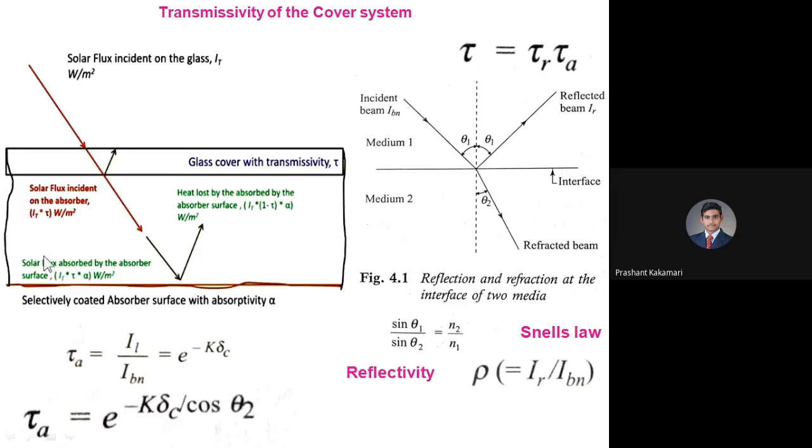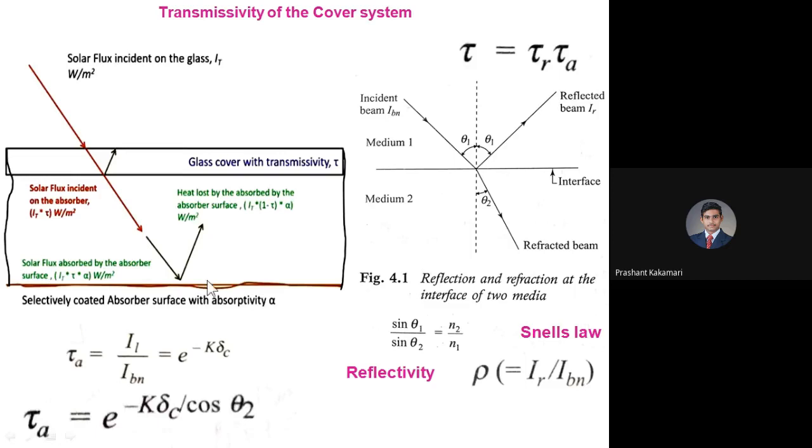For example, tau into alpha, if you multiply, it may be 0.8. So 0.8 means 80%. If you multiply with total solar radiation, 20% is the loss, and 80% is available on the flat plate absorber after passing through one glass cover. Like this, if you increase the number of glass covers, the losses are going to increase. Those losses are due to absorption and due to reflection and refraction.